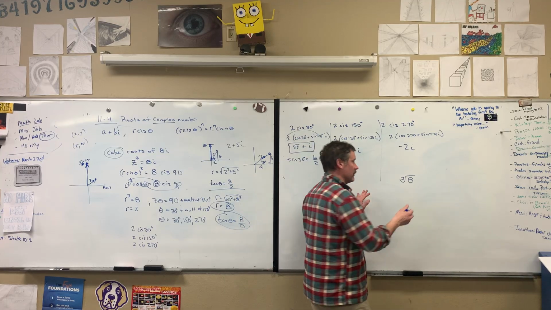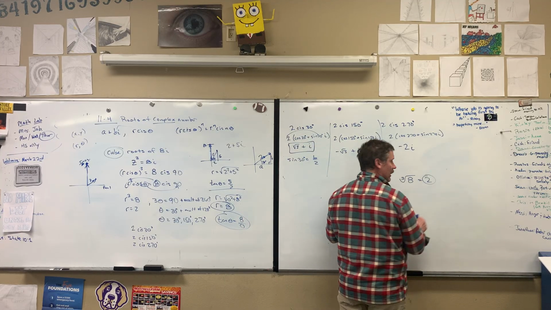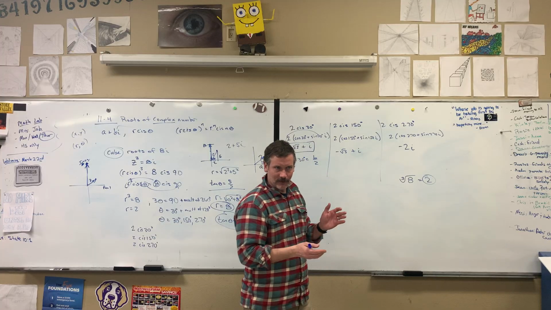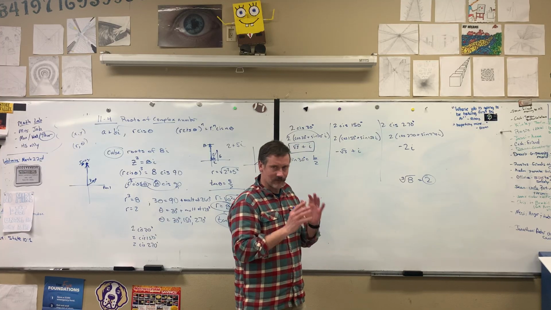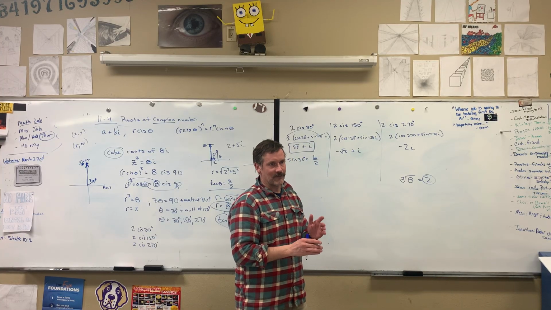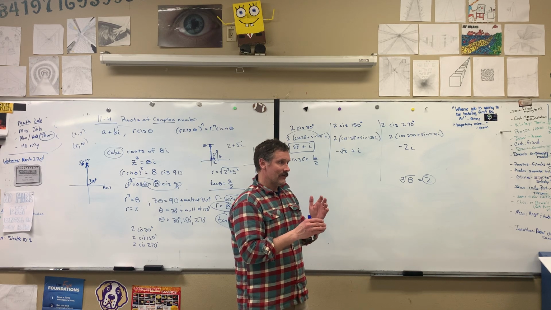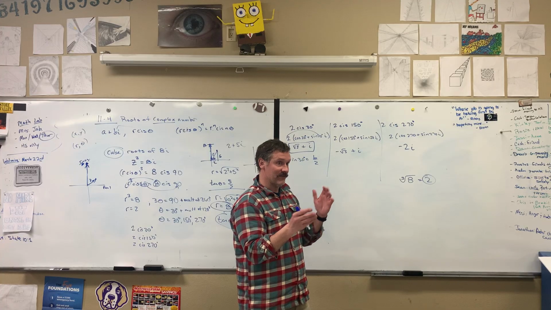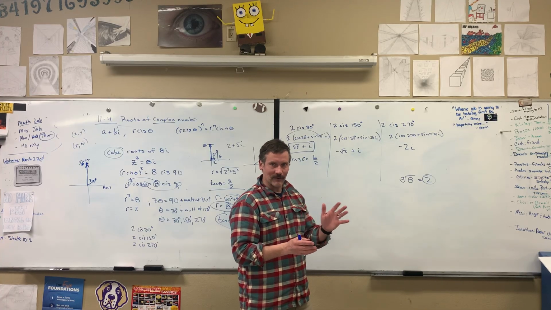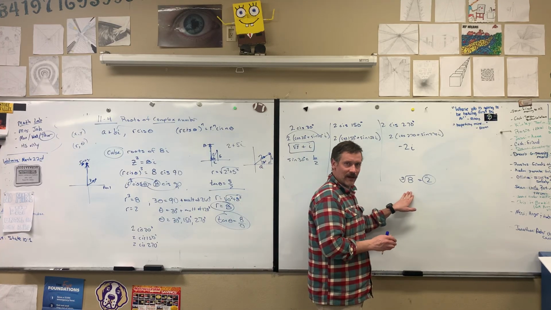All of you would know that the answer is 2, right? You can only have 2. You can't have negative 2, it's just 2. That's your only answer. The cube root of 8 is 2.